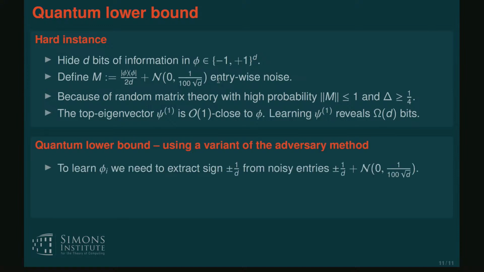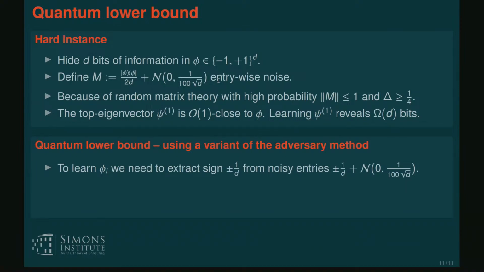And so this is the key to the lower bound, that basically to learn the sign of the ith coordinate, I need to extract a sign from these entries of the matrix, which are plus minus 1 over 2d actually. But the noise is much bigger. It's like 1 over square root d. So clearly, looking at a single entry, I have no clue what this sign should be.